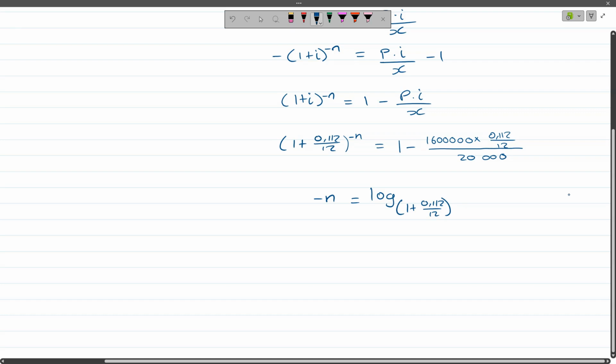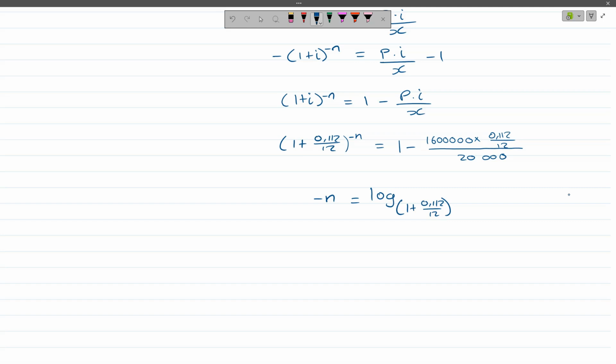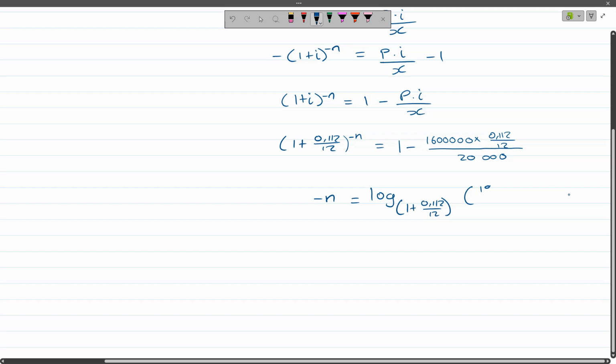Feel free to put all of this into a calculator first before substituting it in. If you were to do that, you would get a value of 19 over 75. So that would be the value put over here, 19 over 75.